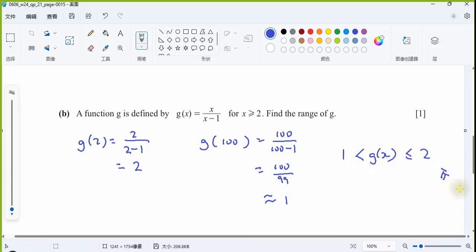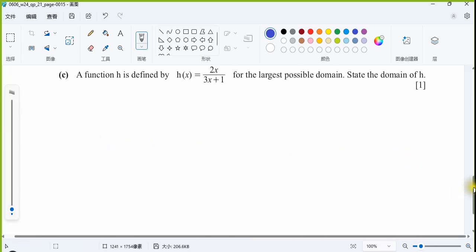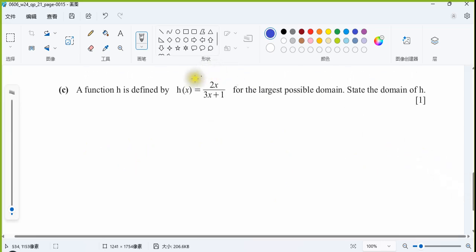Next, the function h is defined by this. Find the largest possible domain. State the domain of h. So 3x plus 1 cannot be 0, so x cannot be negative 1 over 3.